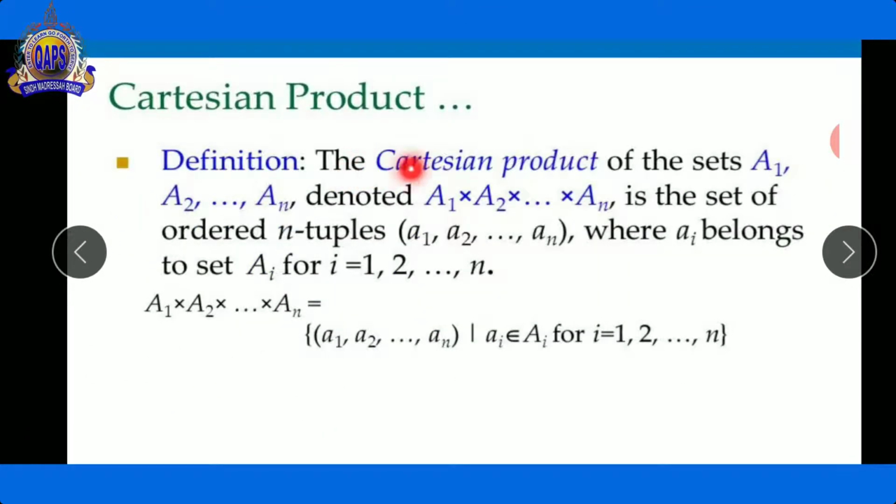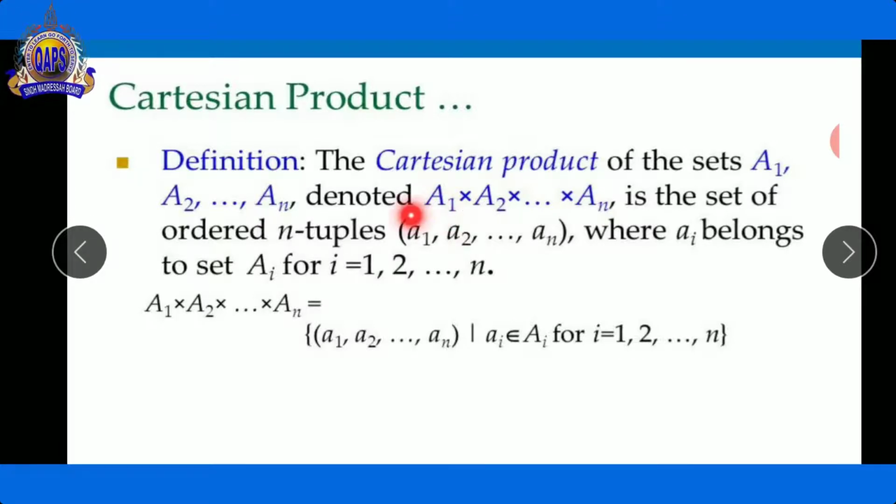The Cartesian product of the sets A1, A2 up to An, denoted by A1 cross A2 cross and so on, must start from A1 to An. A capital represents any set.